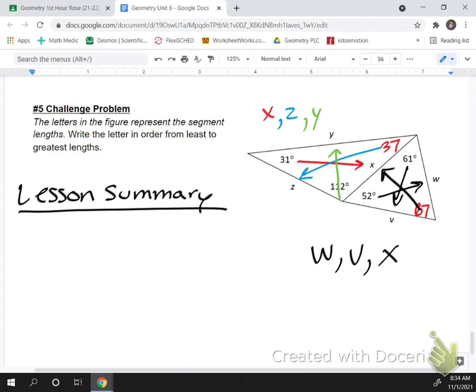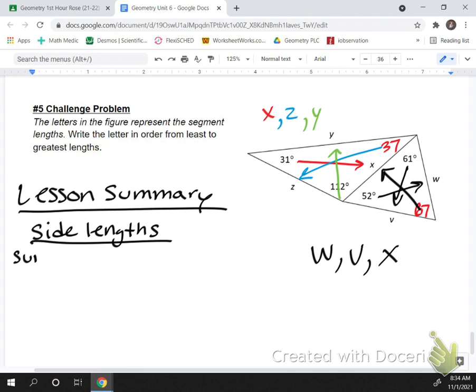Before I let you get to work on your homework, let's just summarize what we saw today. We looked at side length relationships in that first investigation.